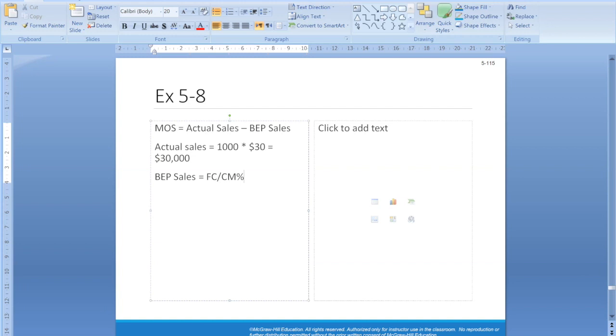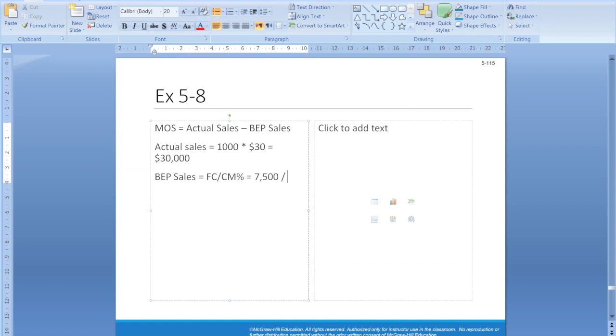Because we are talking about the sales, the dollar amount. The fixed expenses here are 7,500 divided by the ratio, which is the contribution margin divided by the price. Contribution margin is 30 minus 20 equals 10, divided by the price, which is 30.